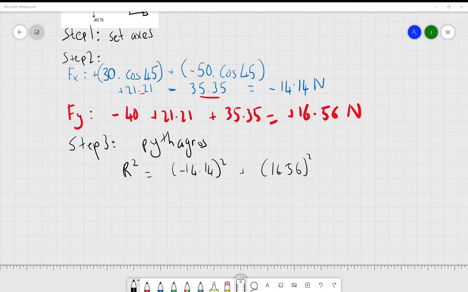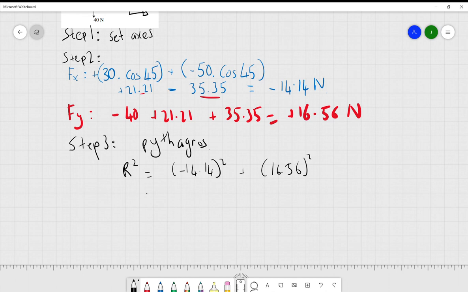So that leaves us with, just do it here, 14.14 squared is 199.99.